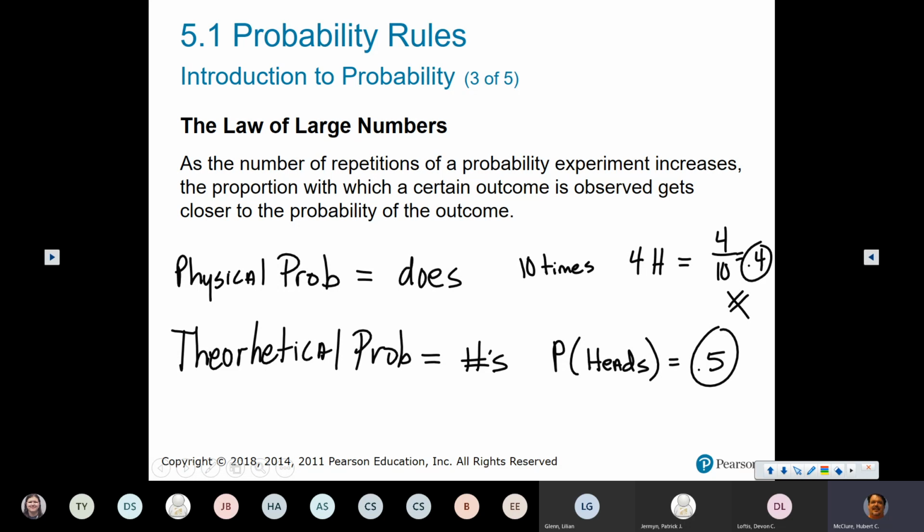Now, what does Hubert say the law of large numbers does? I say it's a good way to cover your backside.